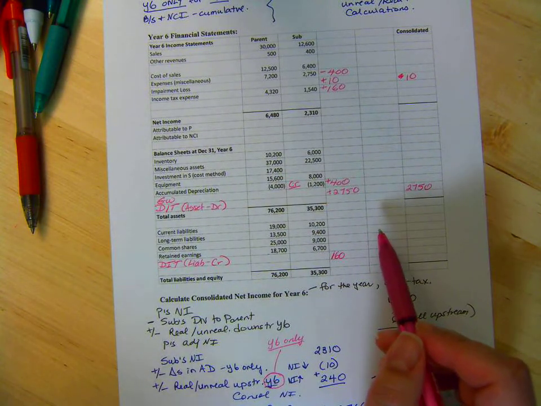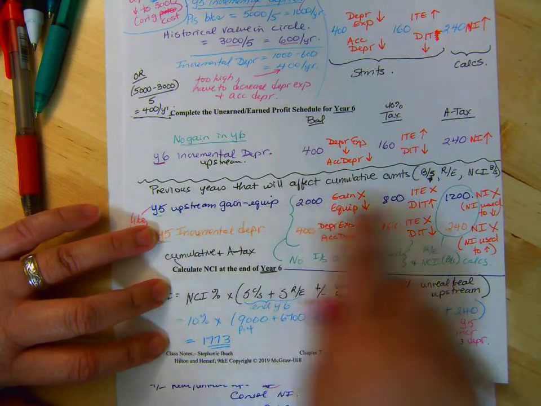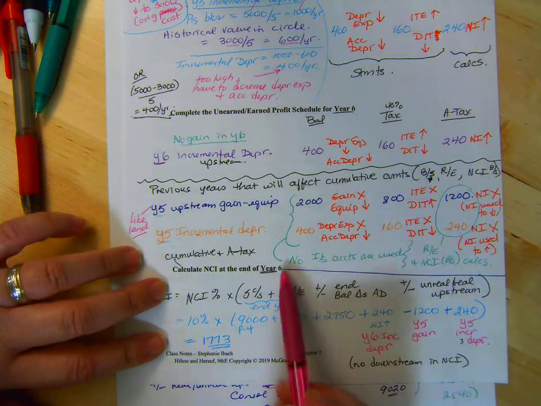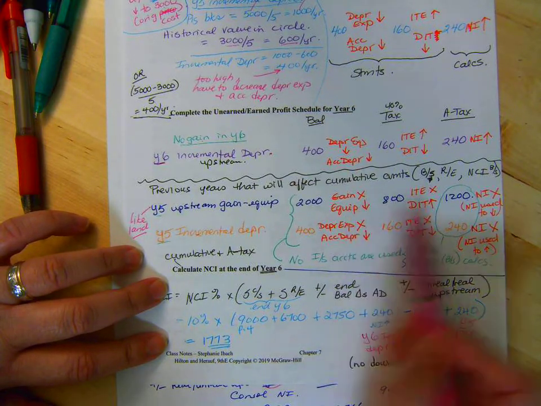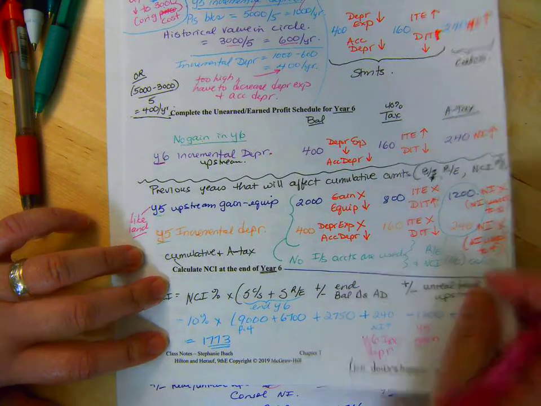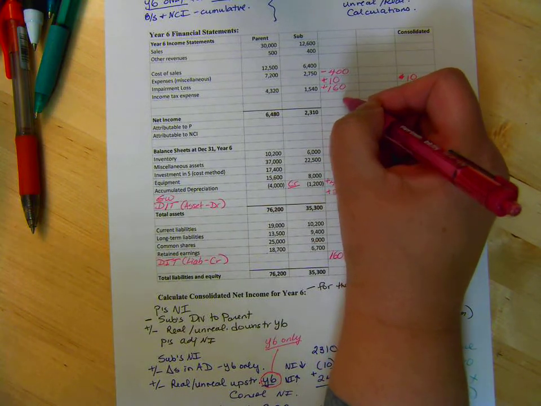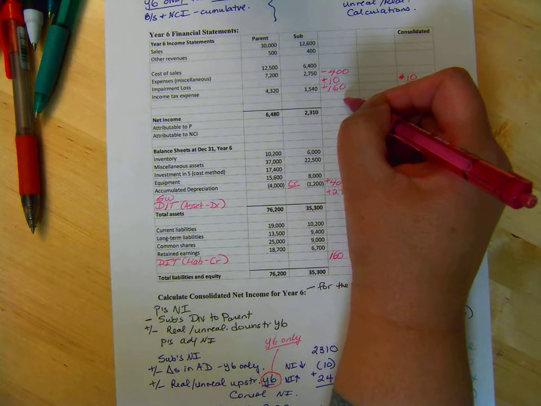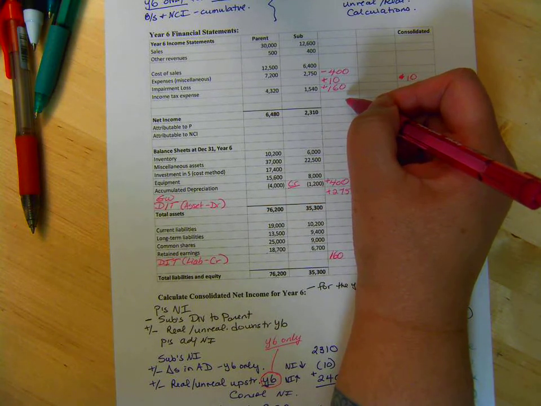Now, we go down to the upstream gain. Notice there's no income statement accounts used because all that was last year, but we do need to adjust the DIT, equipment and accumulated depreciation. So, looking at the first one, there's no gain. Equipment goes down by 2,000.